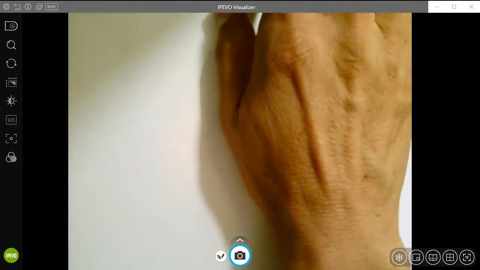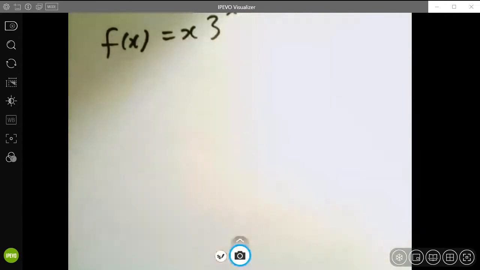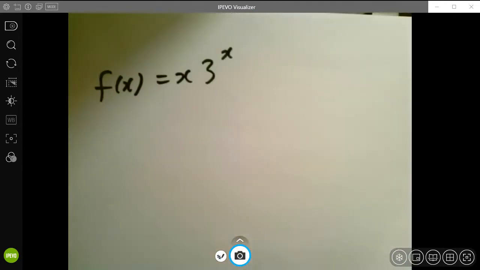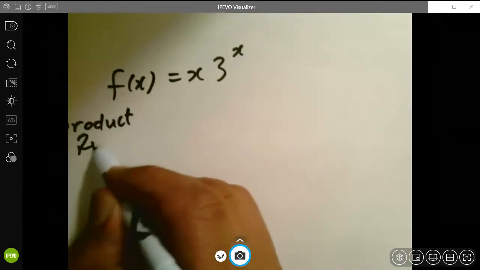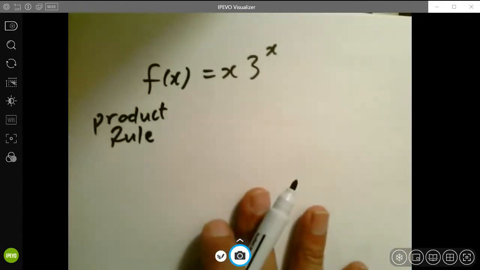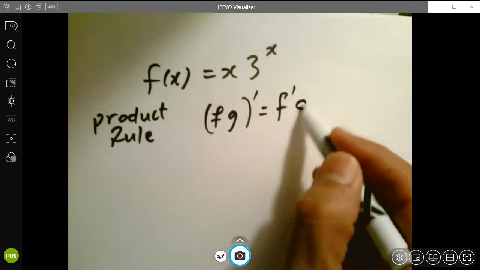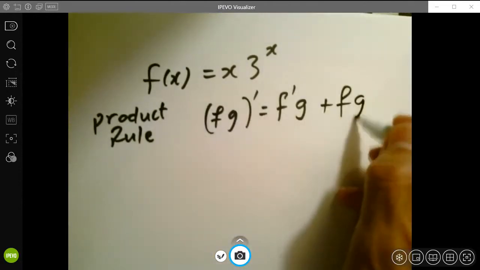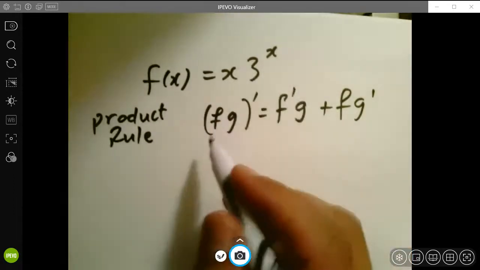Okay, another one. Now let's do this. So what do I have here? Here I have the product rule. If you have f times g, the derivative is f prime g plus f g prime. f is x and g is 3 to the x.